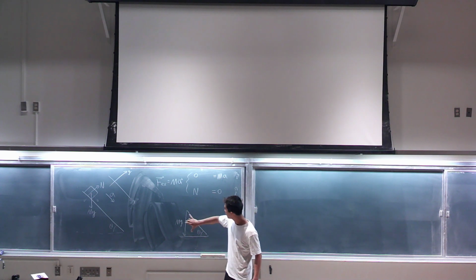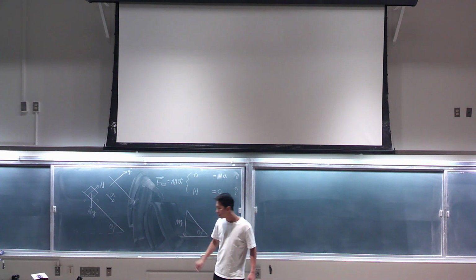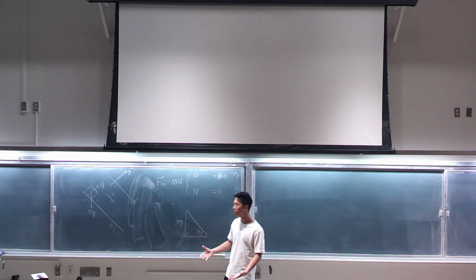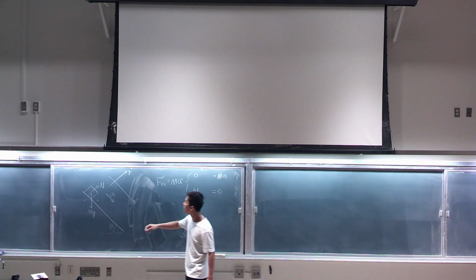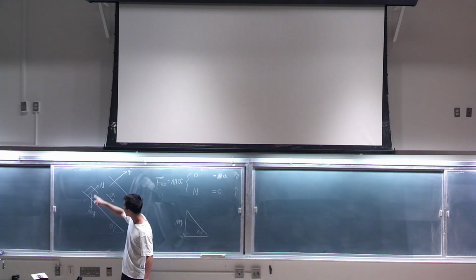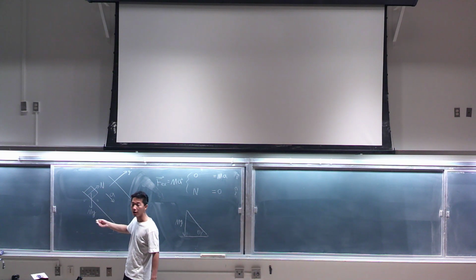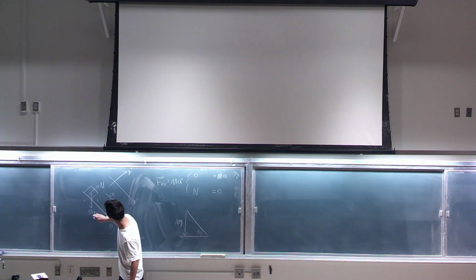I draw it this long because then it's easier to see this is a right triangle. The exact length of gravity doesn't really matter because gravity is a force. It has nothing to do with the distance, which is a length here. So as long as the relative length between these two forces is up to scale, then I'll be fine. Actually, let me make it longer.